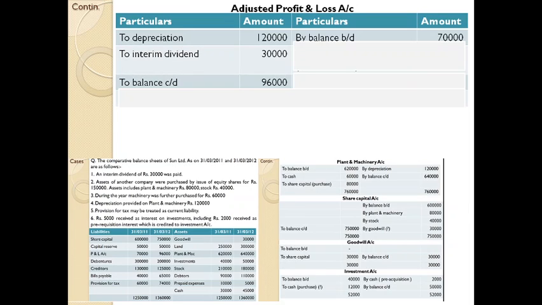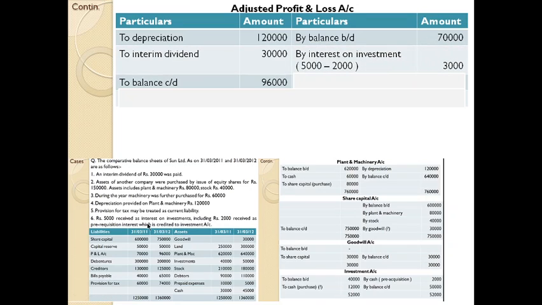You may think that in the previous question we didn't take that depreciation because in that case we had prepared provision for depreciation. So since there is no provision for depreciation in this case, you have to take the depreciation of the concerned asset. So it is given depreciation 1,20,000.